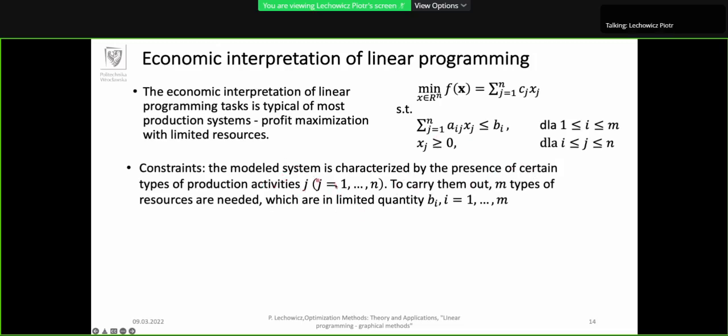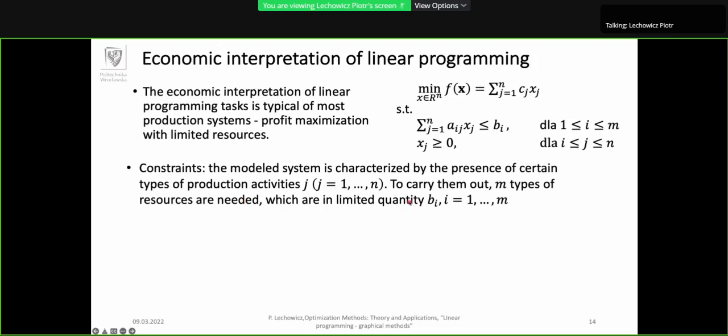So to create a certain activity, which is the variable of, for example, our production component, we have to use some resources. We have M types of resources, which are needed in different proportions to create the production activities, and they are limited by a certain quantity.